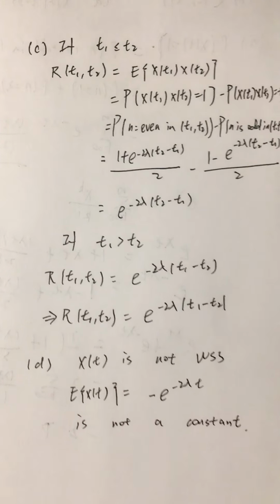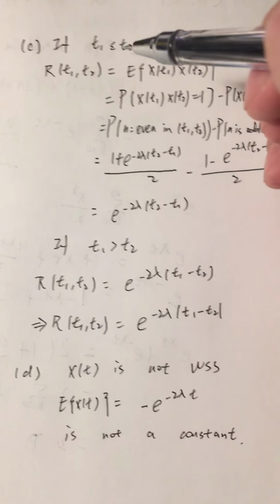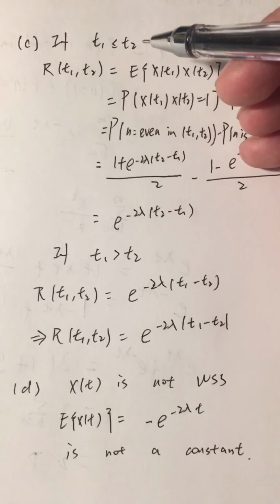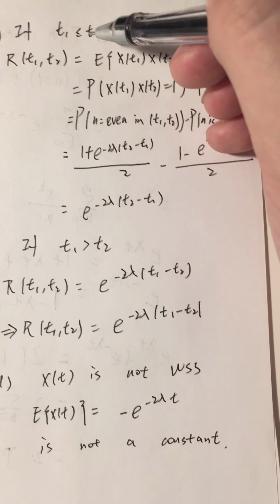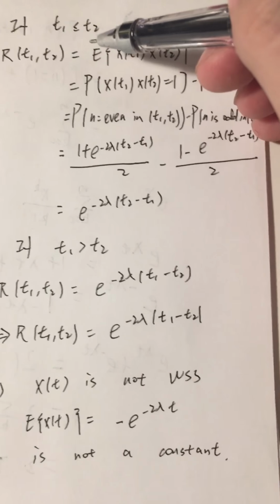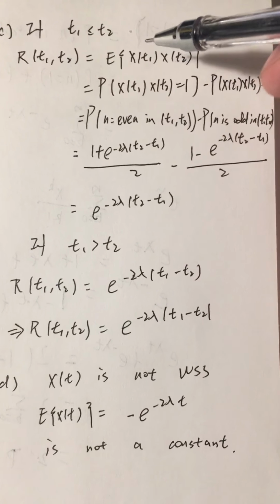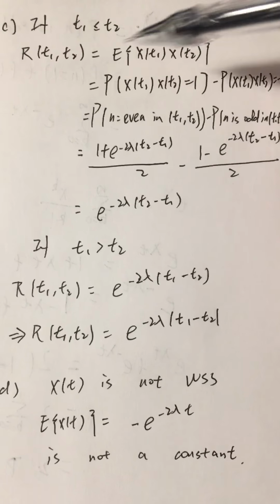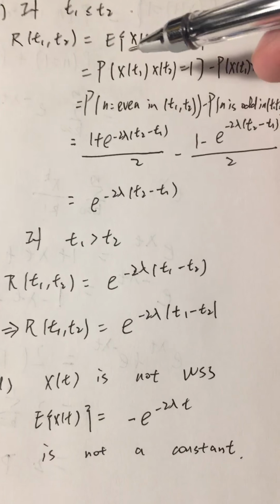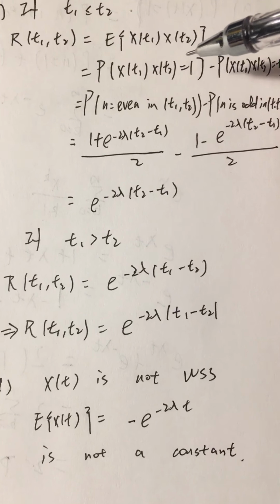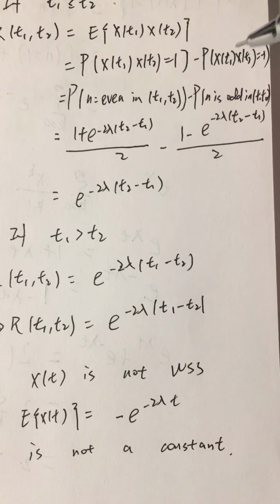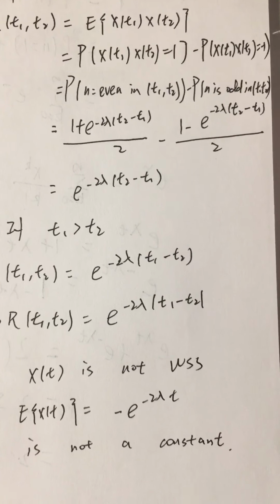And for the third question, question C, we want to find the autocorrelation function R(t1, t2). So if t1 is smaller than or equal to t2, we get the autocorrelation function equals the expectation of X(t1) times X(t2), and this equals the probability of X(t1) times X(t2) equals 1 minus the probability of X(t1) times X(t2) equals minus 1.